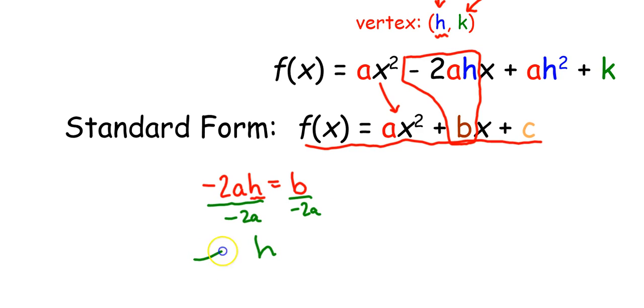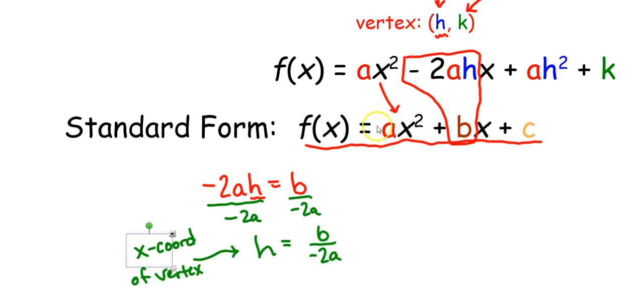h, or in other words, the x-coordinate of the vertex, is equal to b, or in other words, the number in front of x, divided by negative 2 times the number that's in front of the x squared term.